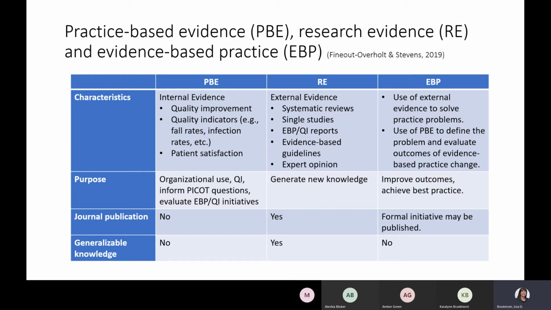And as I was mentioning when I was discussing practice-based evidence, evidence-based practice, if initiated formally within an organization, may be written up and submitted to a journal as a report for publication. But the knowledge that's generated from evidence-based practice initiatives is not generally considered generalizable knowledge.